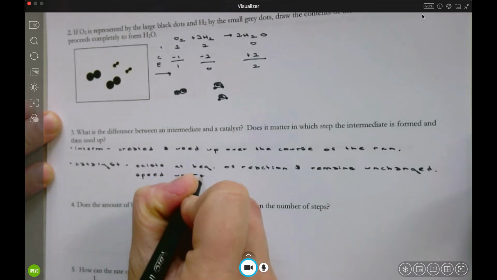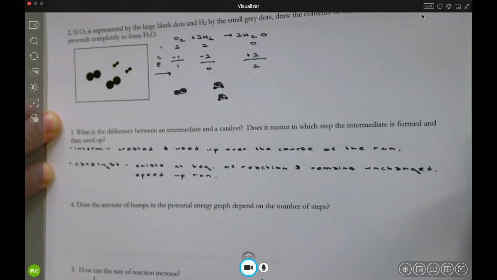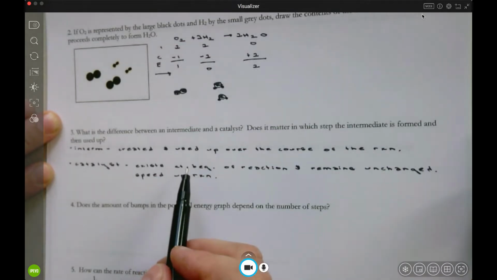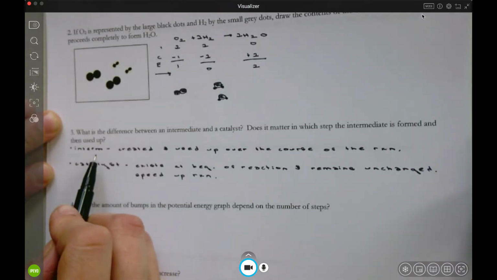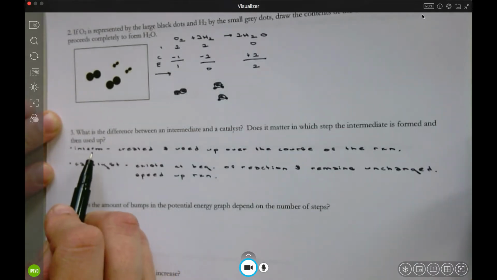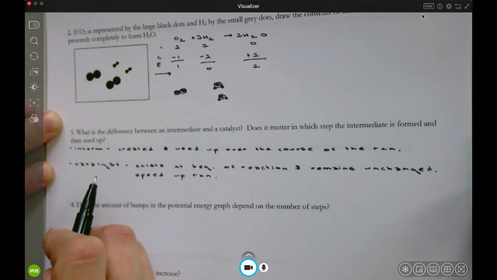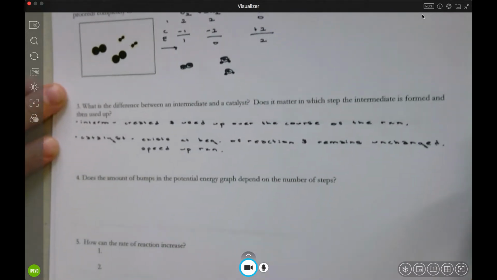So really quickly, when you are adding reactions in your individual elementary steps together to get an overall reaction, both your intermediate and your catalyst will actually cancel out. The important thing for you to know, when you're writing out your rate law, your intermediate, remember, you cannot include in your final rate law. You can include a catalyst in your final rate law. That's fine if it applies.